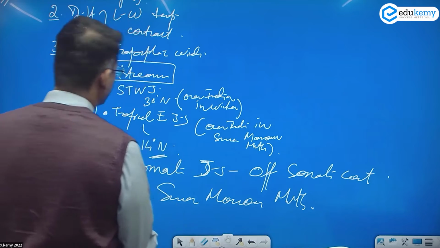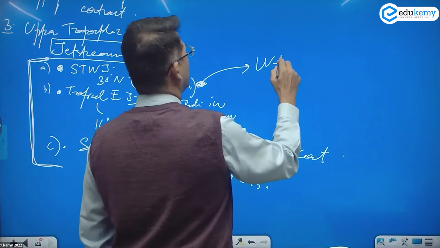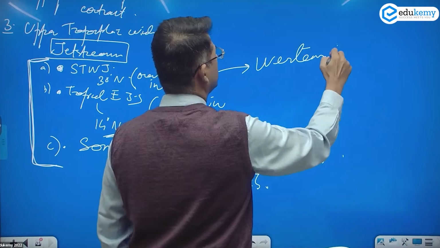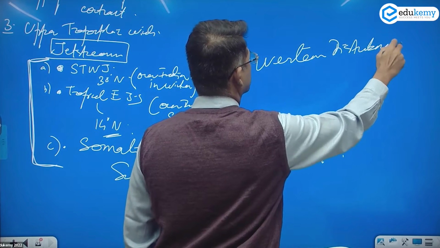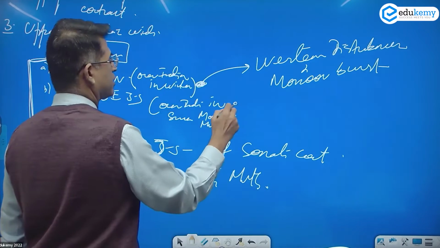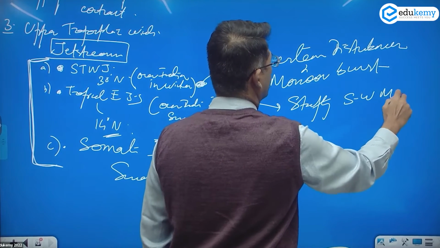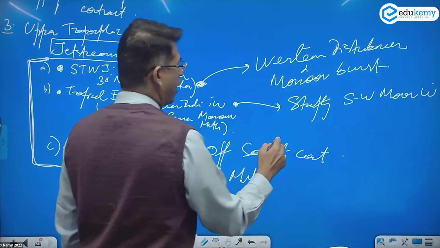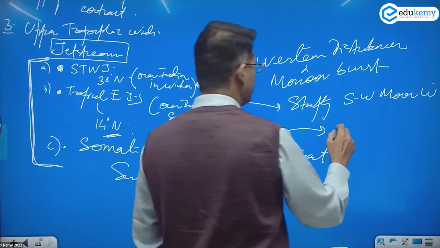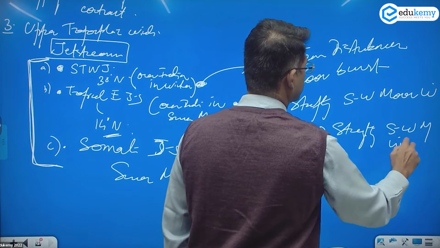The main role of the STWJ is western disturbances and the monsoon burst. The tropical easterly jet stream and the Somali jet stream have a role in strengthening southwest monsoon winds.